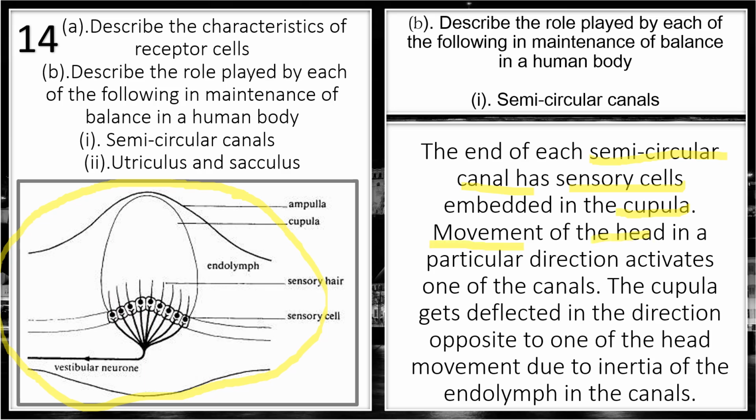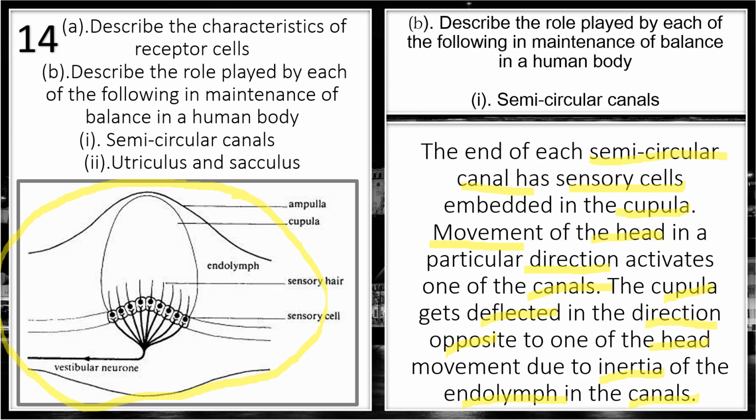Movement of the head in a particular direction activates one of the canals. The cupula gets deflected in the direction opposite to the head movement due to inertia in the endolymph in the canal.